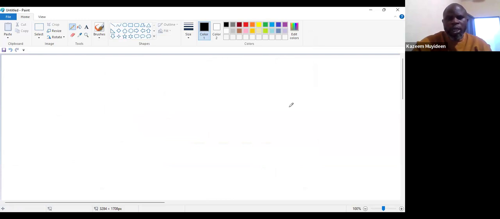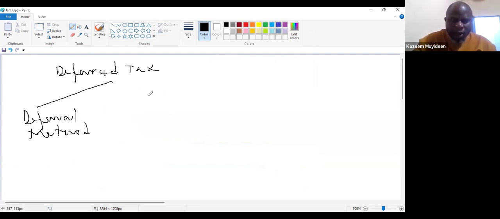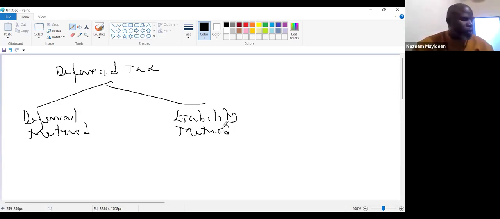Now, there are two methods to get deferred tax. According to IAS 12, we have two methods. The first method, the deferred method, and the second method is what we call the liability method. How do I know the one we are using?